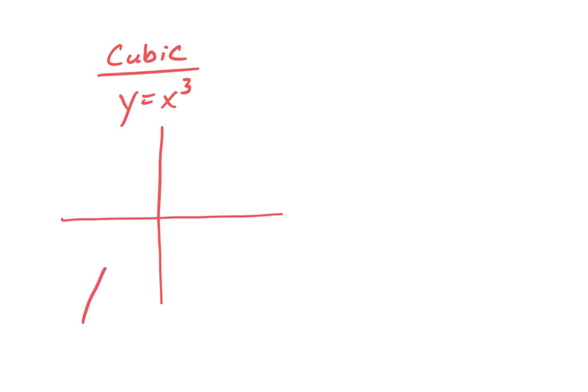A cubic graph, I call it the snake-like graph because it makes a snake-like path. It doesn't have to go through the origin, but we're just talking about the real basic function. If you were to type this into your calculator, it should give you a graph that looks basically like that.